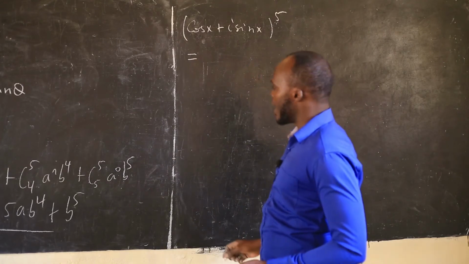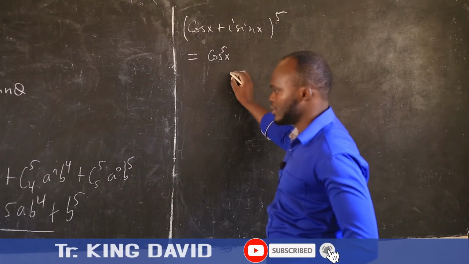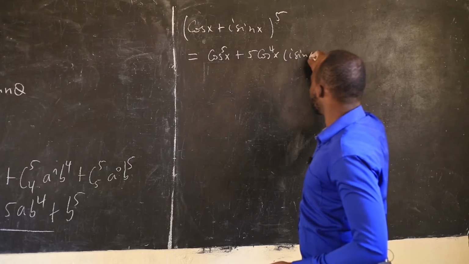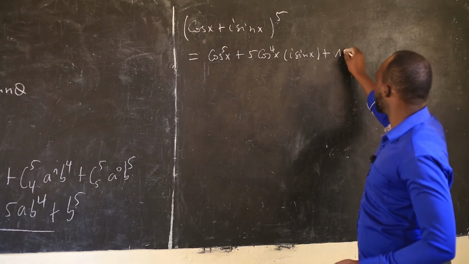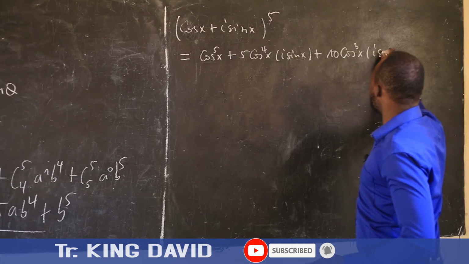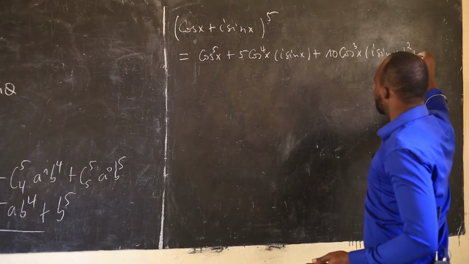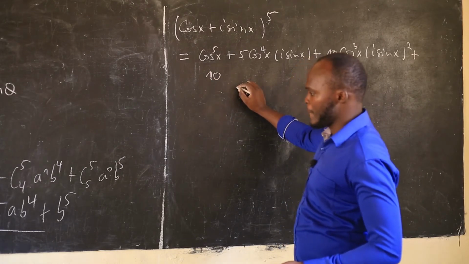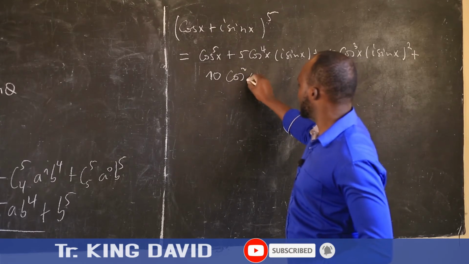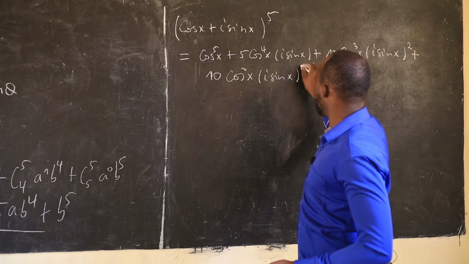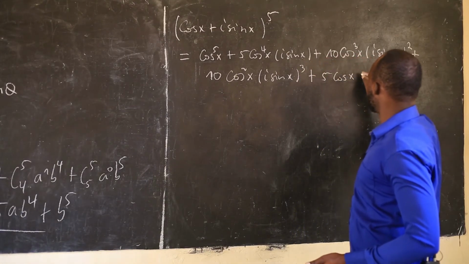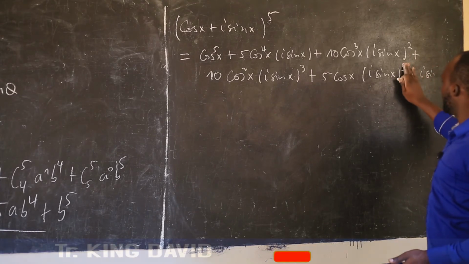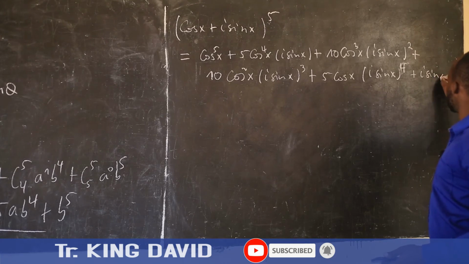So the answer is a power 5, that's cos power 5 x, plus 5 cos power 4 x into bracket i sin x, plus 10 cos power 3 x into bracket i sin x squared, plus 10 cos squared x into bracket i sin x power 3, plus 5 cos x into bracket i sin x power 4, plus i sin x power 5.